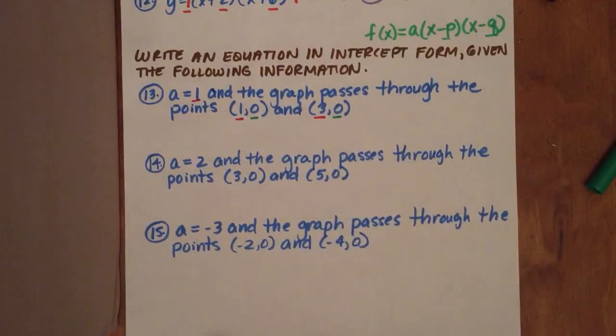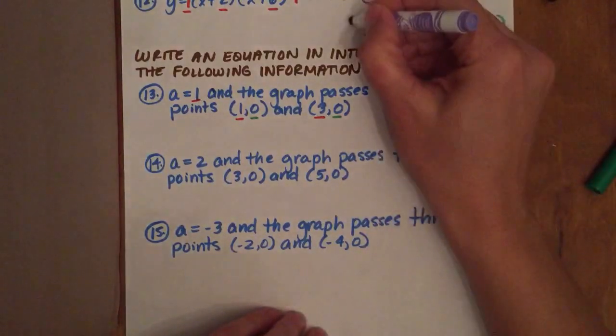Anytime you have a y coordinate of 0, that means that that is an x-intercept. And vice versa, anytime you have an x coordinate of 0, it means it is the y-intercept. So anytime you're asked to find the x-intercept, you plug in 0 for y, and anytime you're asked to find a y-intercept, you plug in a 0 for x. So this is actually quite simple.